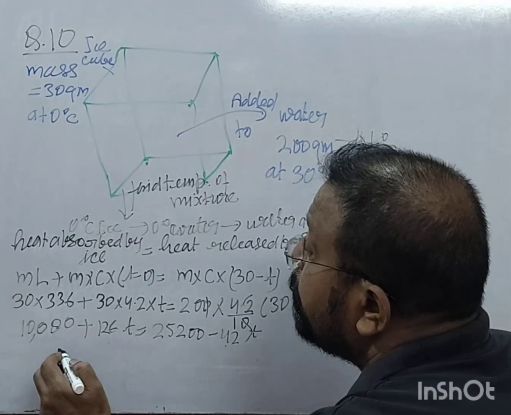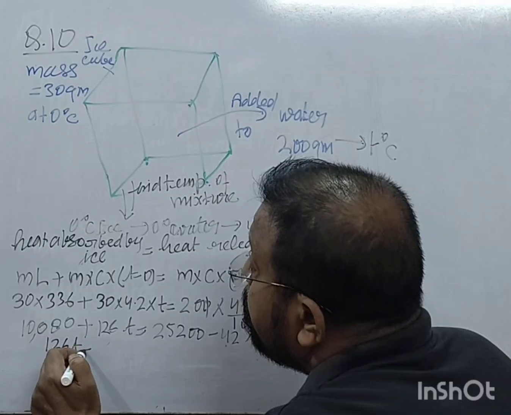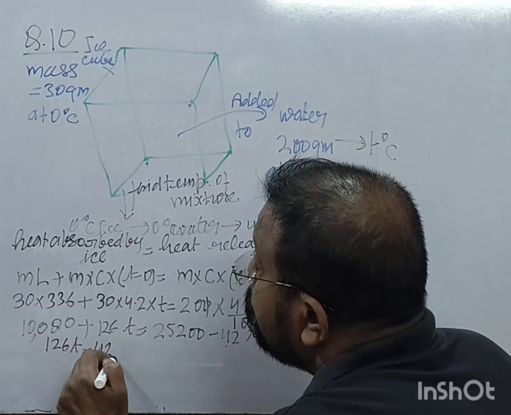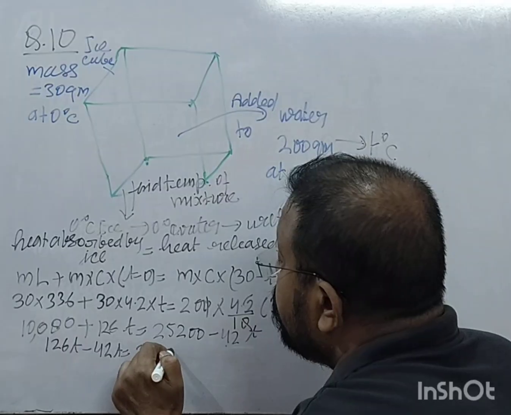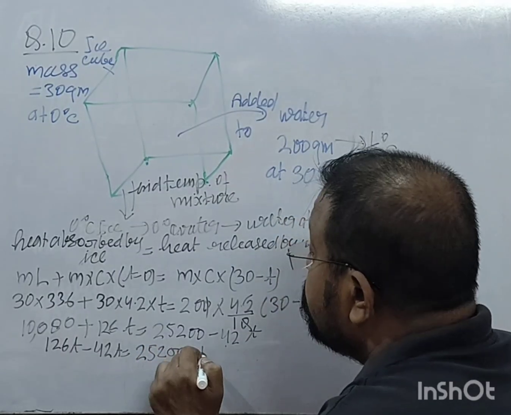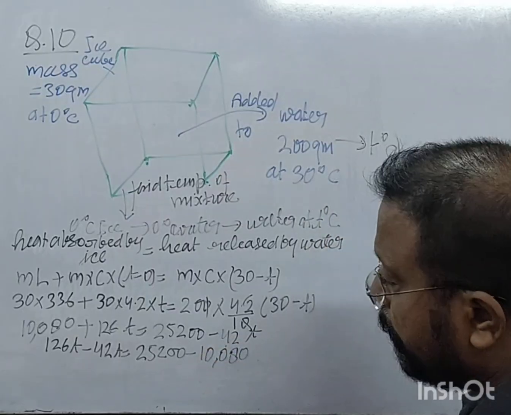Now you bring this here: 126T minus 42T is equal to 25,200 minus 10,800.